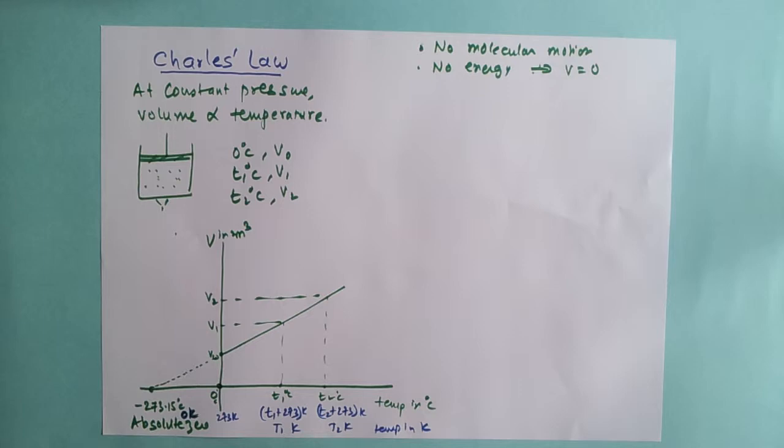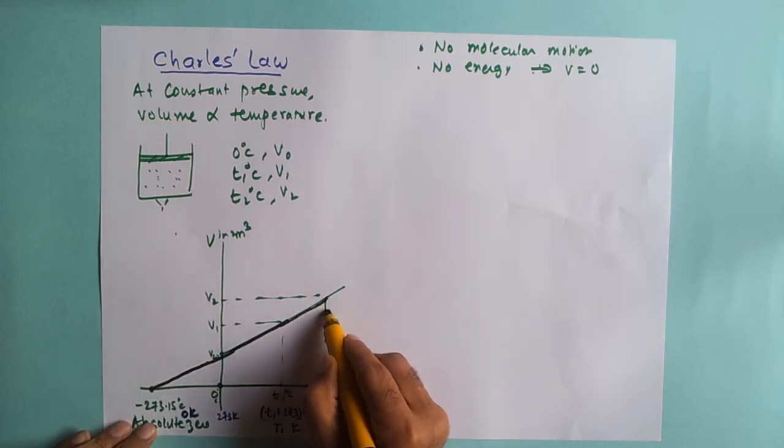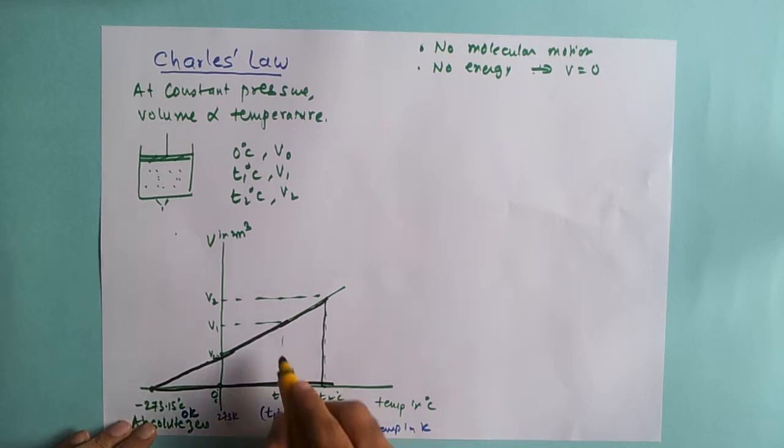Now, if I look at this particular triangle, let me change the color and show the triangles that I'm looking at. Let us say we focus our attention on these triangles.